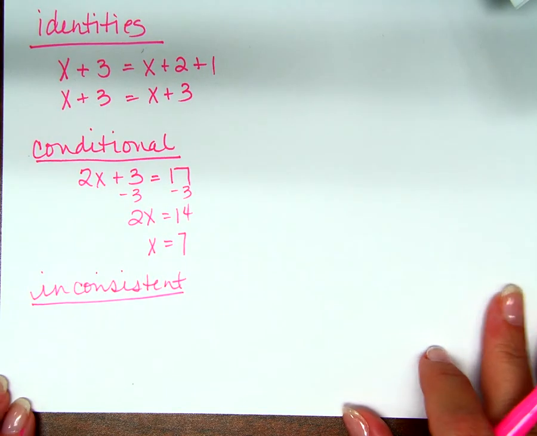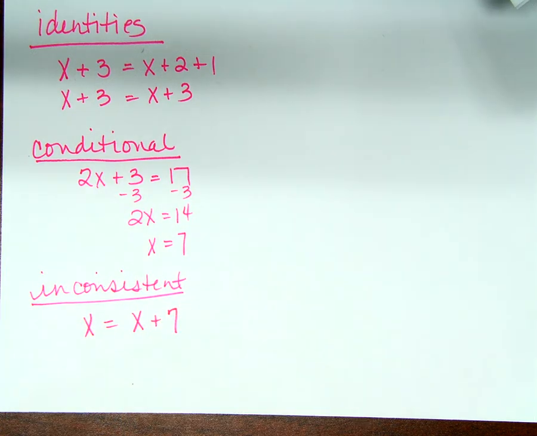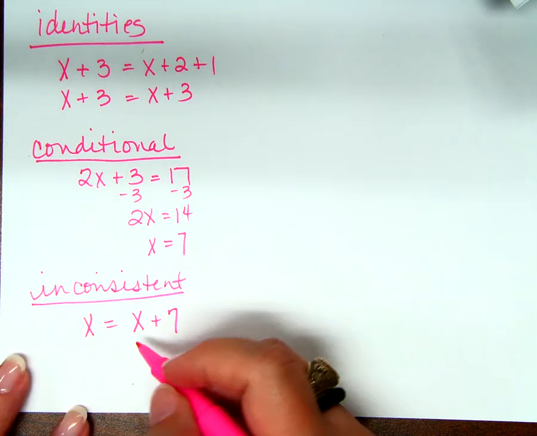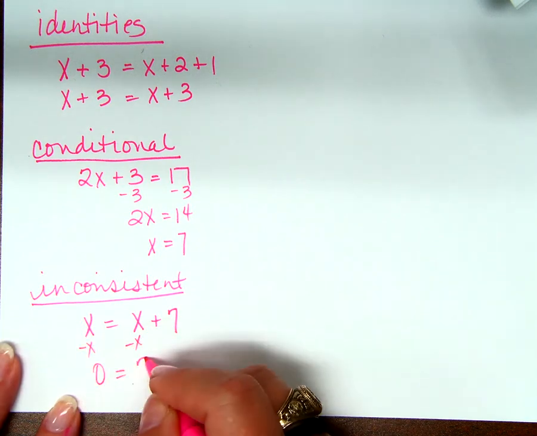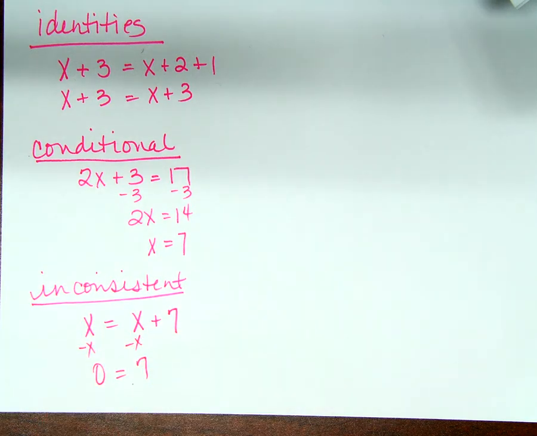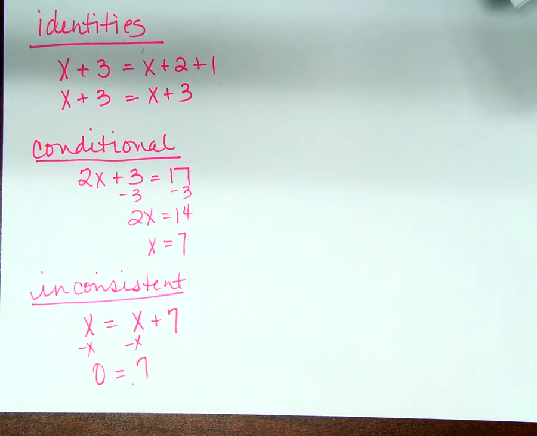Inconsistent is the last one. This statement is inconsistent. Why? What value of x will make this true? Nothing, right? In fact, if I try to solve it, I get this: 0 equals 7. Will 0 ever equal 7? No, then this is an inconsistent statement.